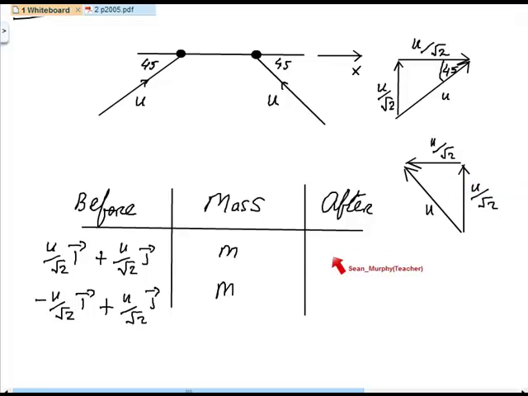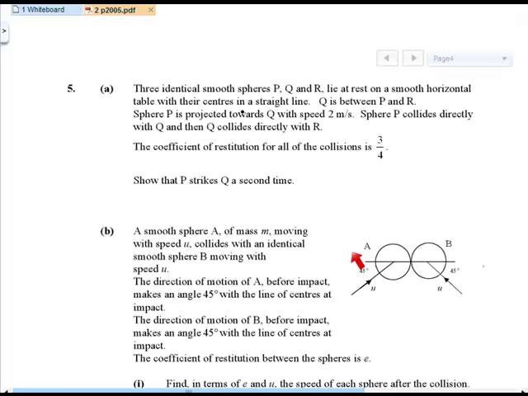Now, for the velocities after the collision, we need to take account of the impact itself. Let's go back to the diagram for a sec. The important thing to realize here is when two spheres collide, the impact is at this point only. It's the point where the two spheres meet.